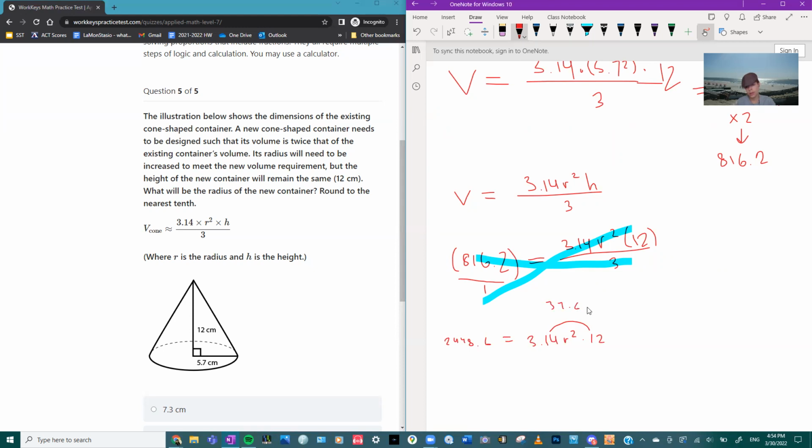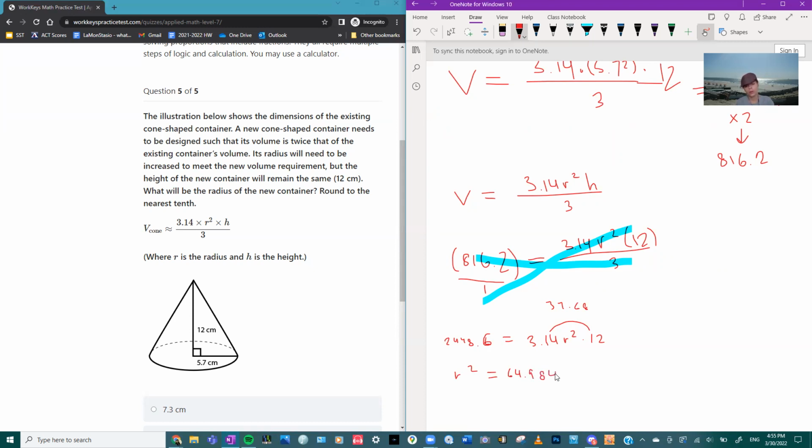All right, and now we're going to have to divide that on both sides to get r squared by itself. So 2,448.6 divided by 37.68 is 64.984.